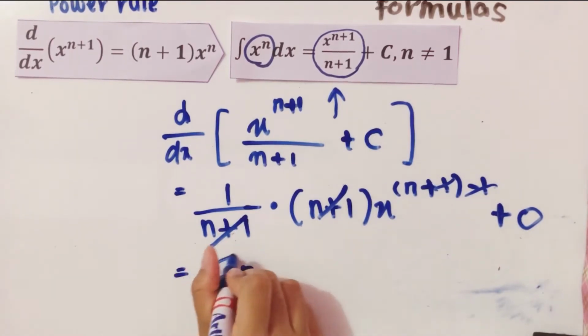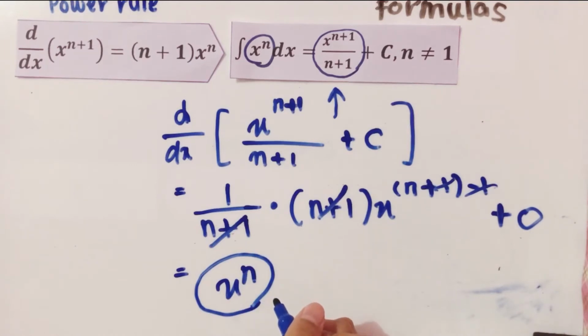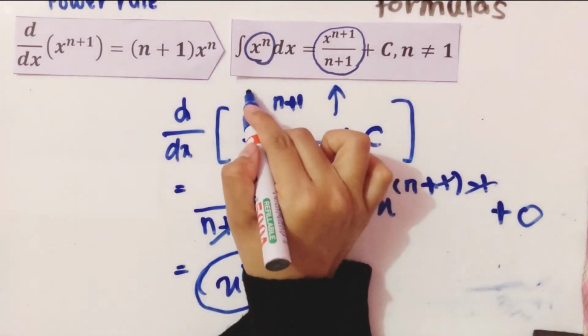This proves that the derivative of the antiderivative is x to the power of n, which is definitely the integrand.